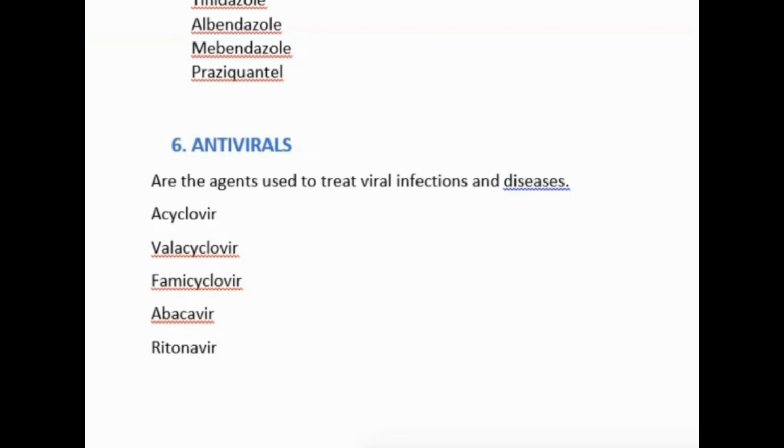Exceptions. So we have one medication called tenofovir.